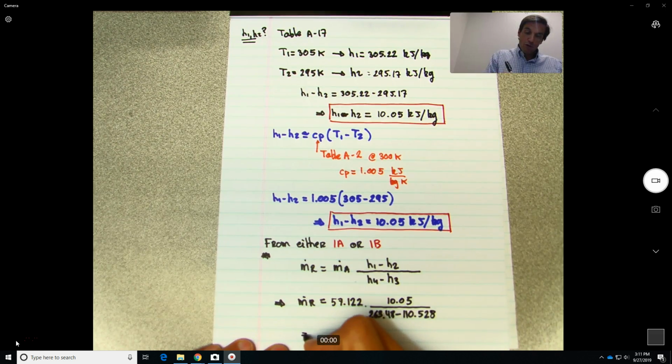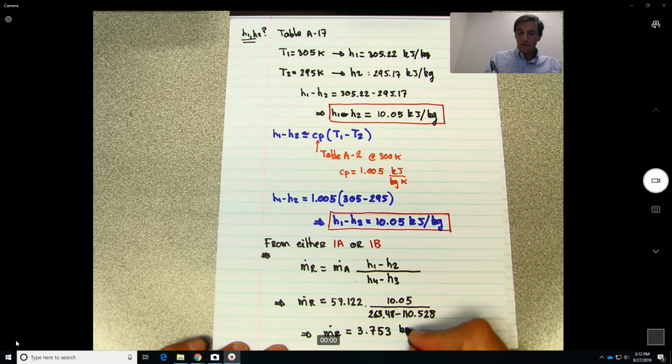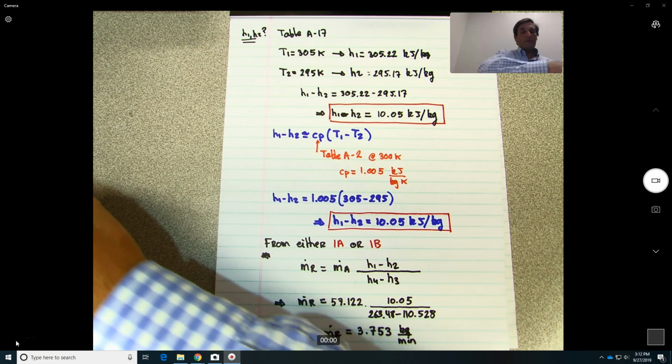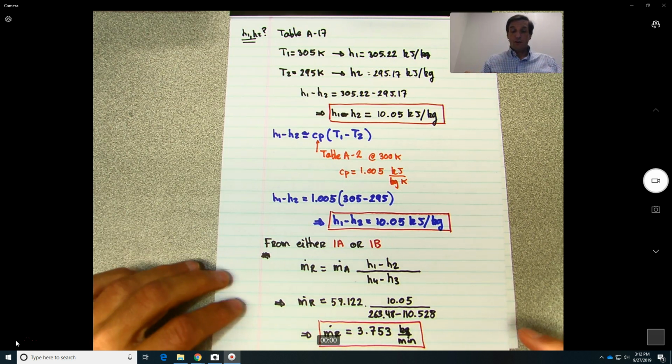So if we do the numerical calculation, we get that the mass flow of refrigerant will be equal to 3.753 kilograms per minute. Okay, so this problem is being quite long.